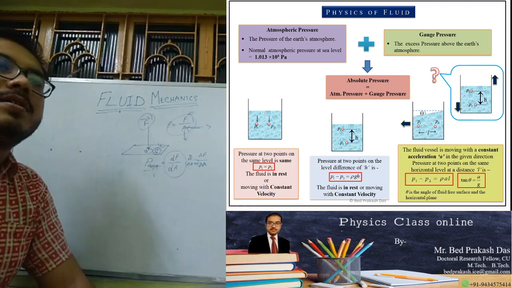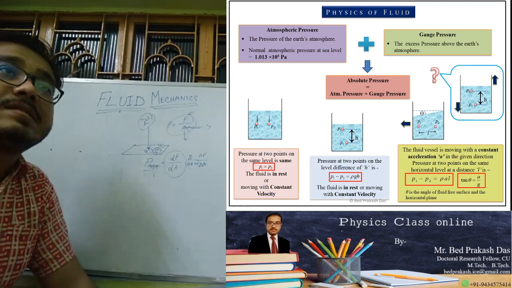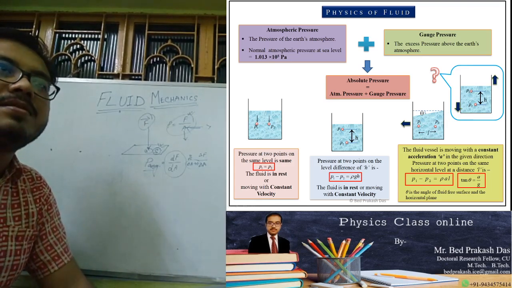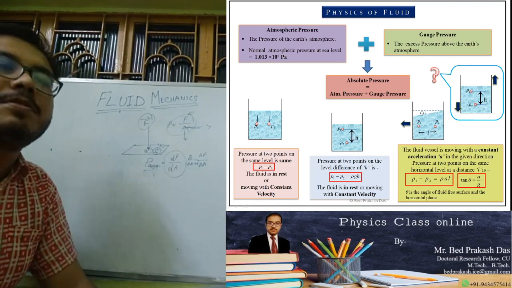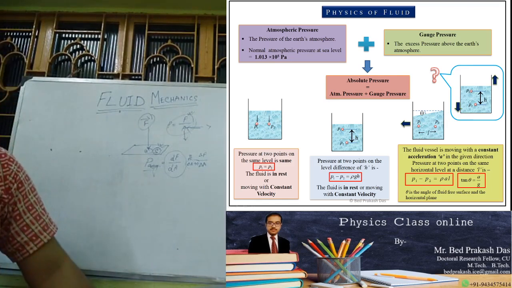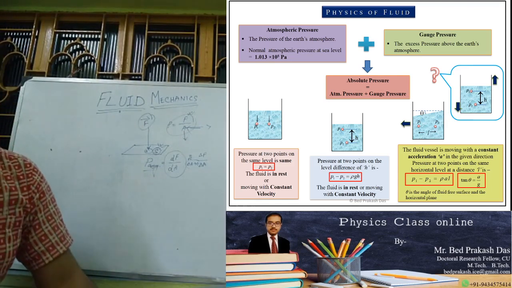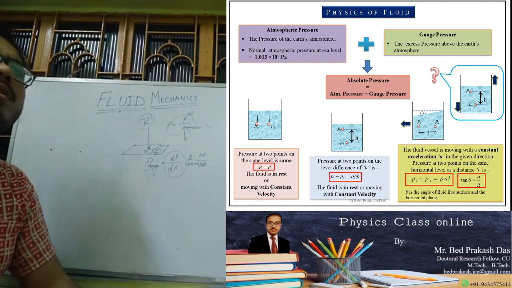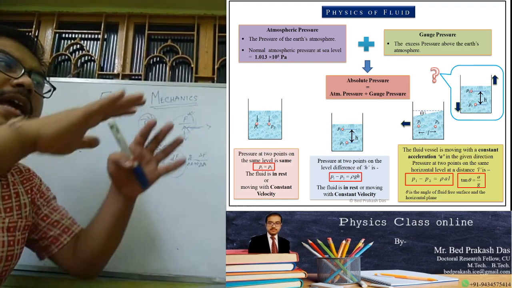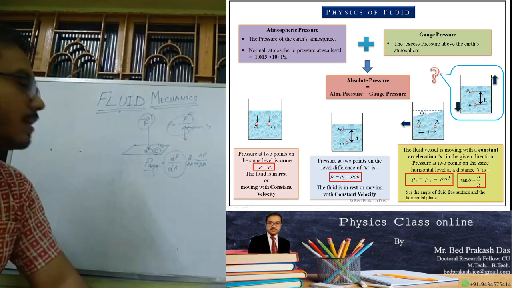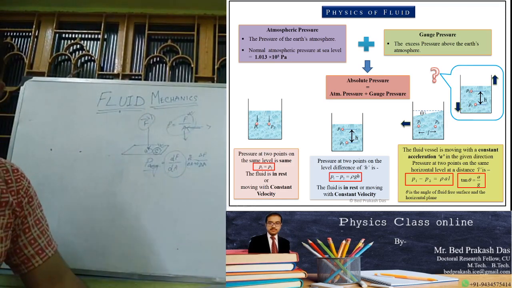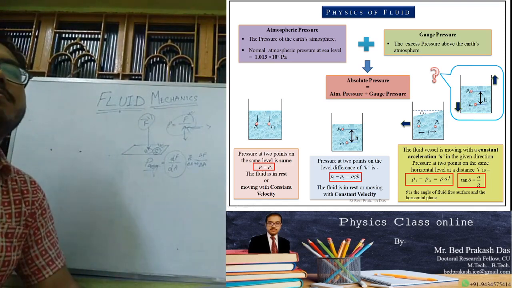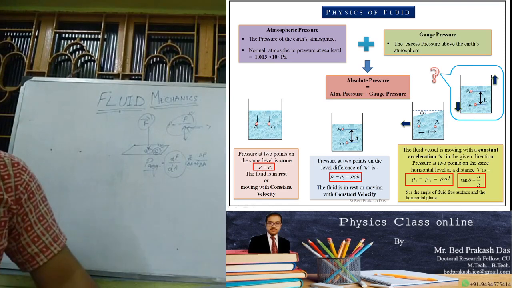The pressure that the earth experiences is known as atmospheric pressure, and the excess pressure above the earth's atmosphere is known as gauge pressure. Cumulatively, the atmospheric pressure and the gauge pressure are termed absolute pressure.